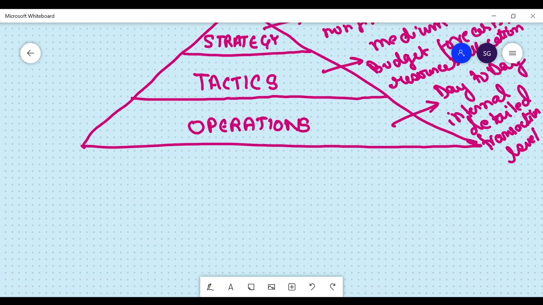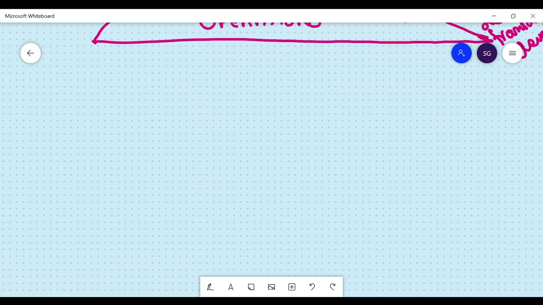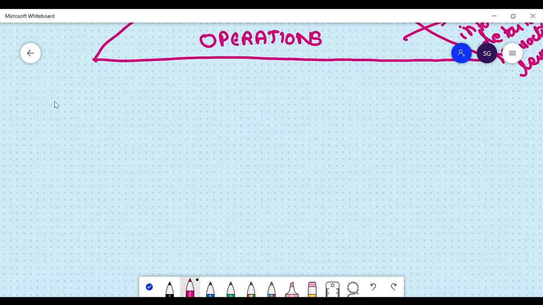So this is a summary of the hierarchy of performance measures. Number 8.